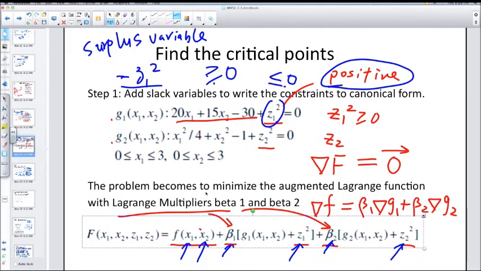And then, second, the Lagrange method could be rewritten this way. You build a new objective function. In that objective function, you have the original objective and add these two constraints also into the objective with the Lagrange multiplier beta 1, Lagrange multiplier beta 2.